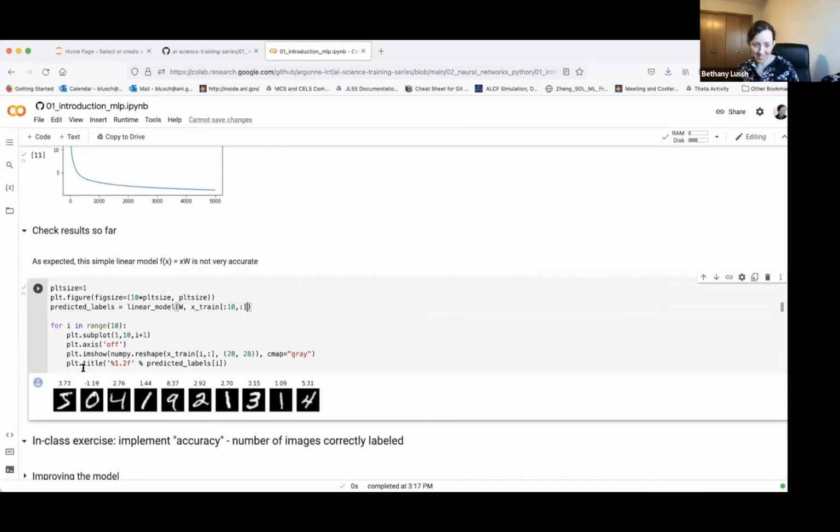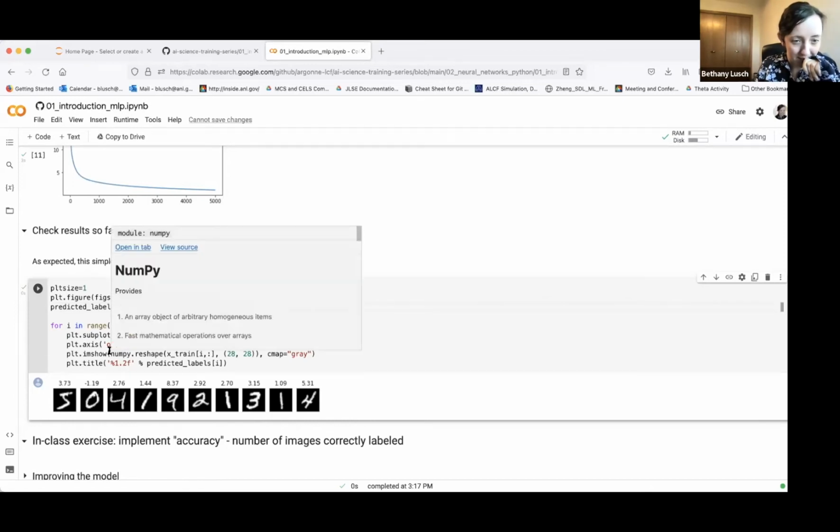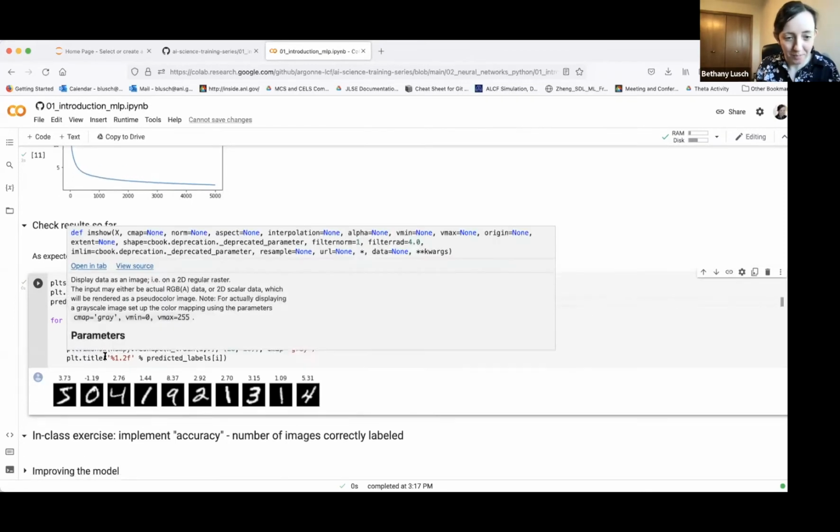So that's weird. We want to predict classes, 0 through 9. And also, even if you round them, most of them are wrong. So that's not too surprising. We just have a linear model.